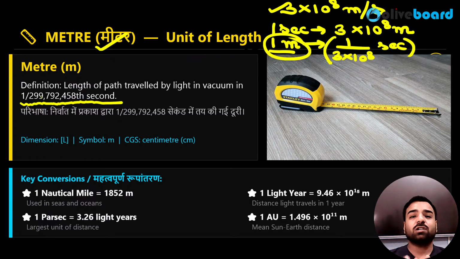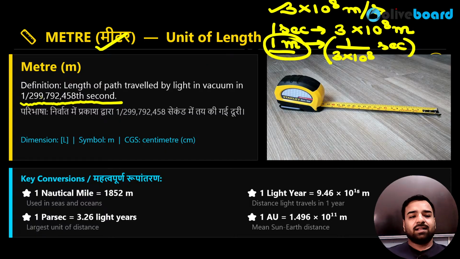But to make our calculation easy, this value was used. So do not worry, it is one and the same thing. This is the exact value, and 3 into 10 to the power 8 is the approximate value. I guess now you have understood the meaning of 1 meter, and that's clear, right?